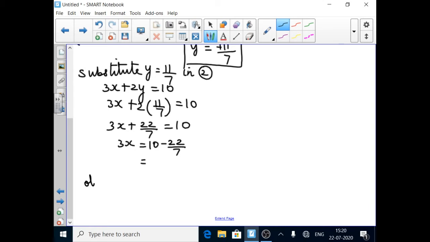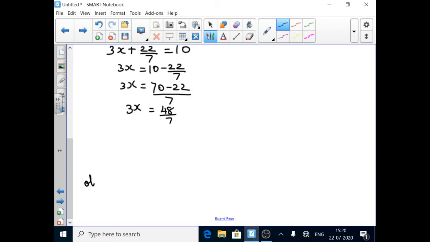LCM is 7: 70 minus 22 by 7, it is 3x. So 3x equal to 48 by 7. So x equal to 48 by 7, bring this 3 here.